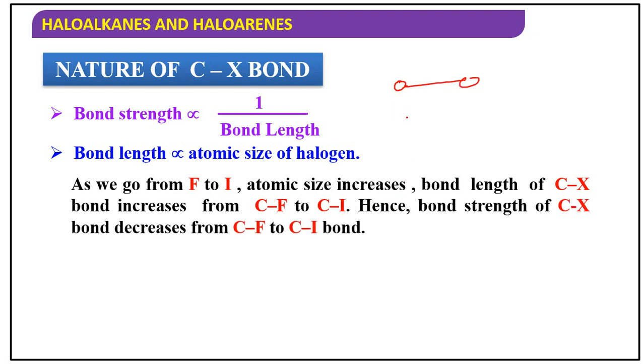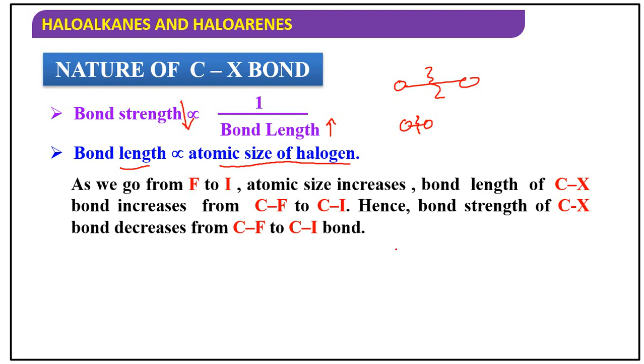If you take a thread, a longer thread you can break, but with a smaller length, breaking is difficult. So here bond length is more means bond strength is less, inversely proportional. Bond length is directly proportional to the atomic size of the halogen atom.